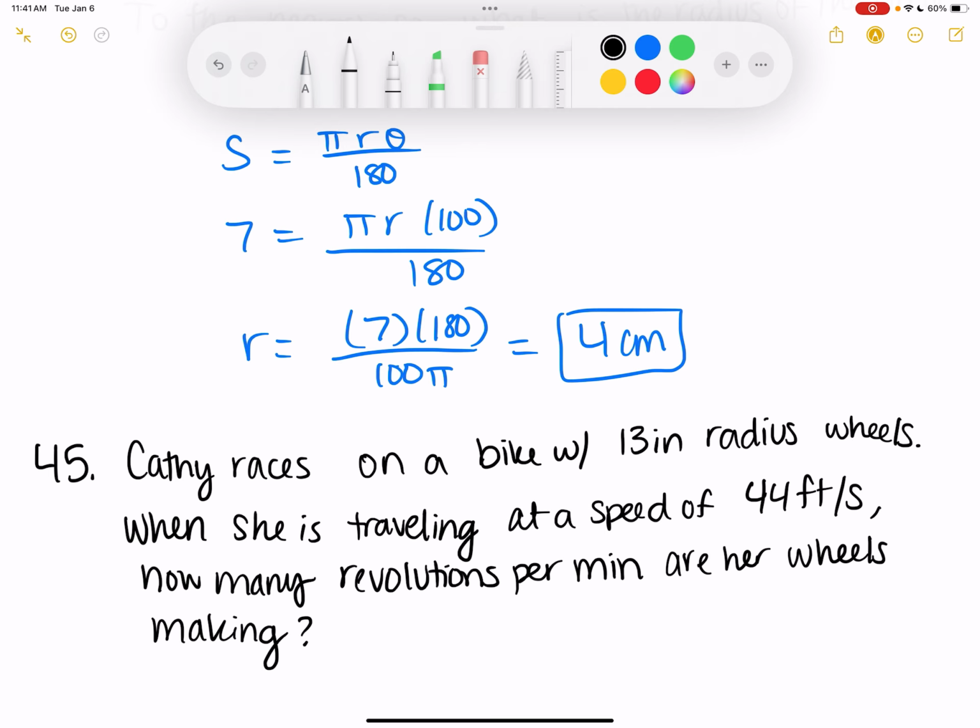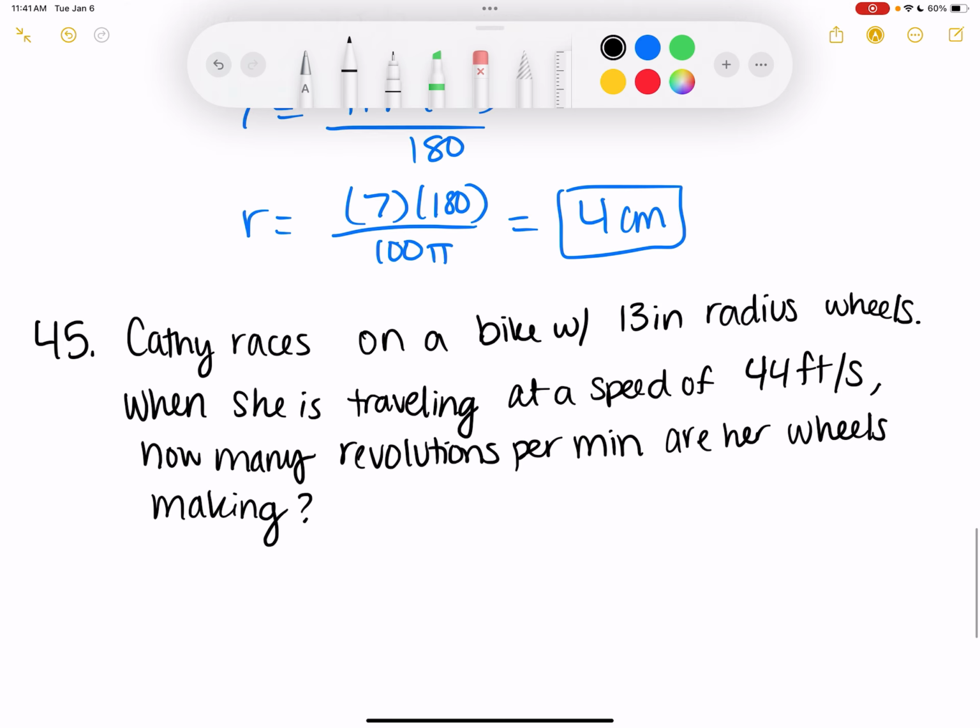Okay, so a couple things that I noticed right off the bat is that my units are all over the place. I've got 13-inch radius wheels, but then I've got revolutions per minute, and I've got 44 feet per second. So I've got units everywhere, and I need to be mindful of that.